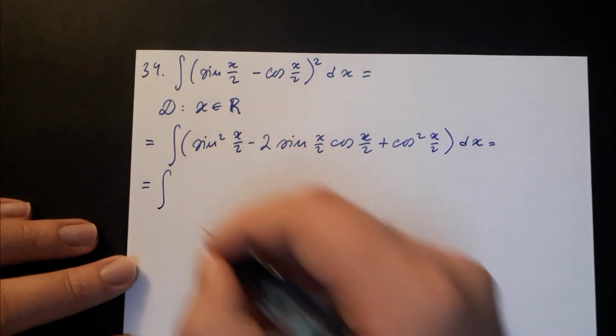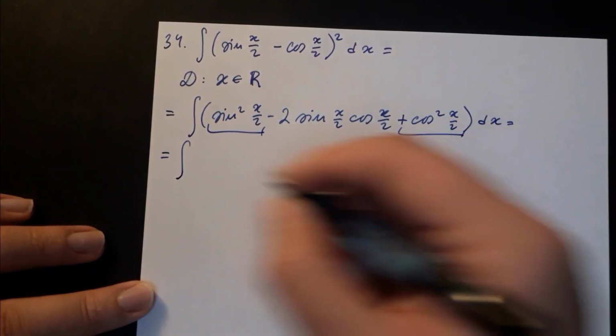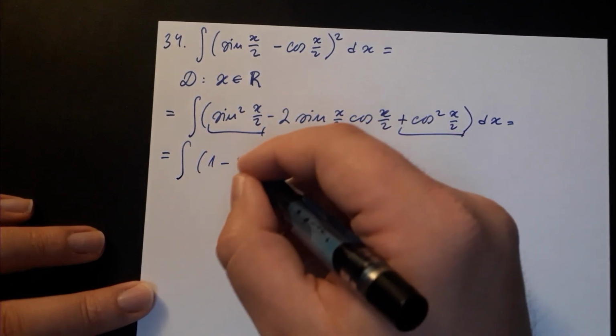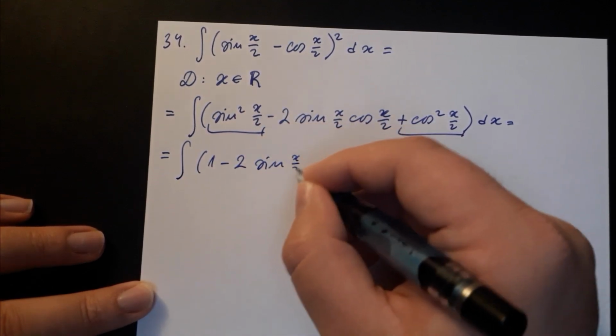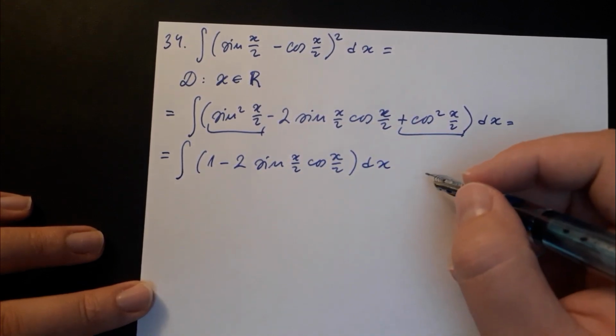And this is equal to an integral. Well, these two paired are just going to give us 1 minus 2 sine of x/2 cosine of x/2 dx.